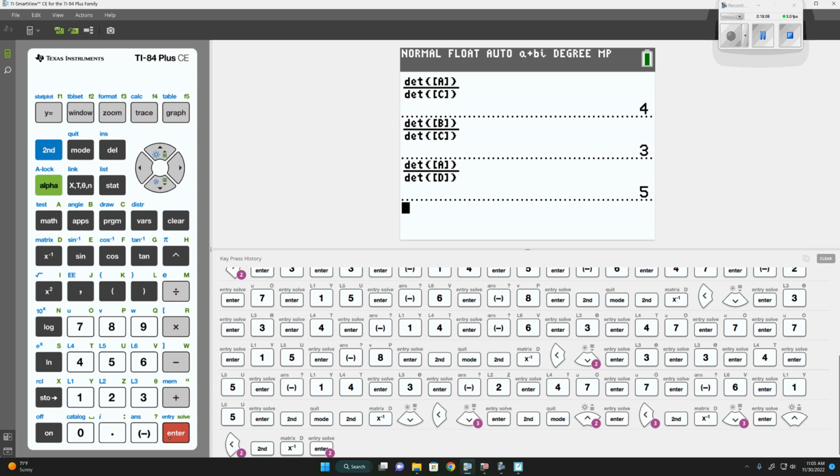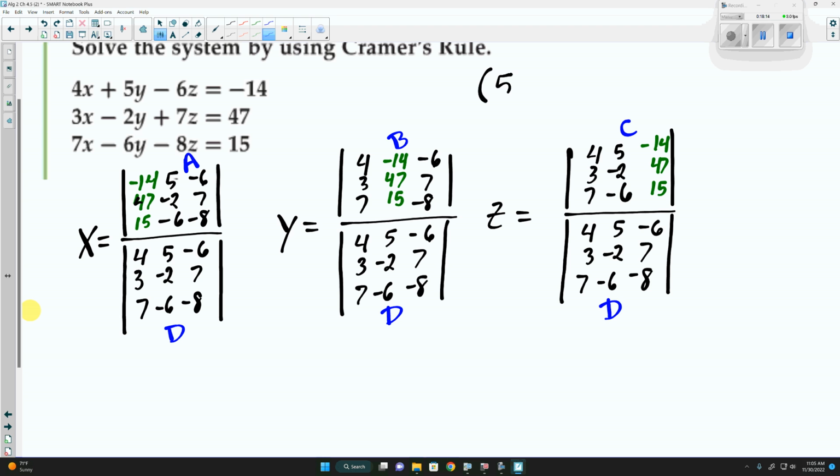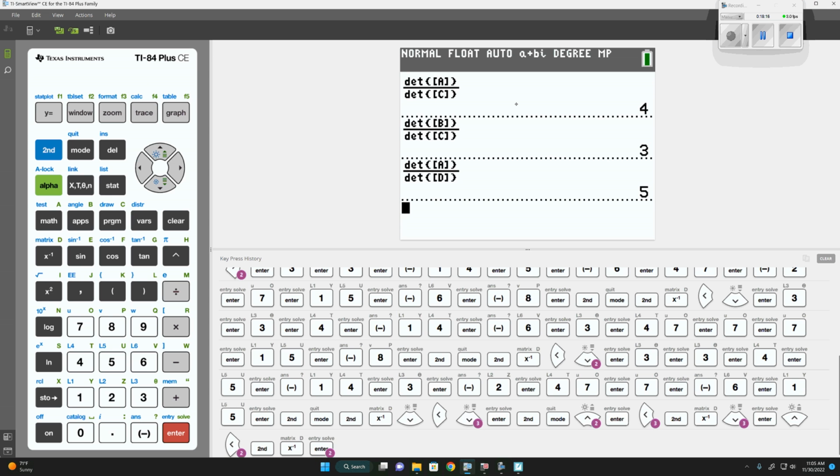So if we take the determinant of A over the determinant of D, we get the x value, which is 5. So the x value of this is 5. Now to find the y value, we can go up and select this again.